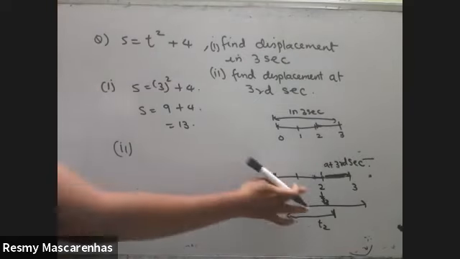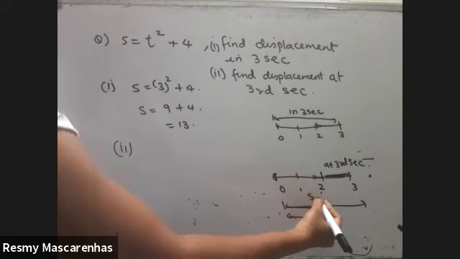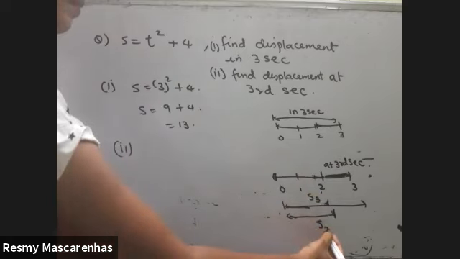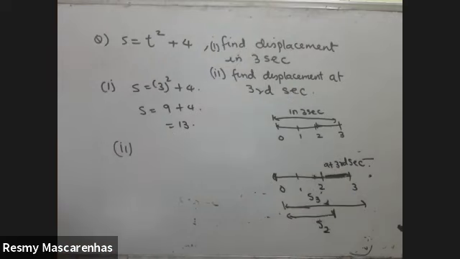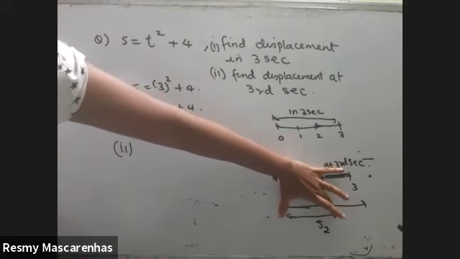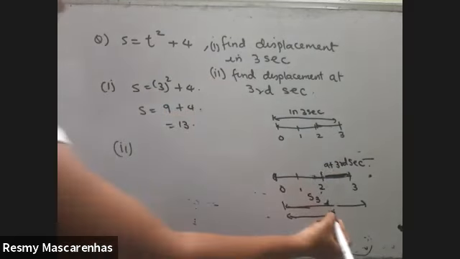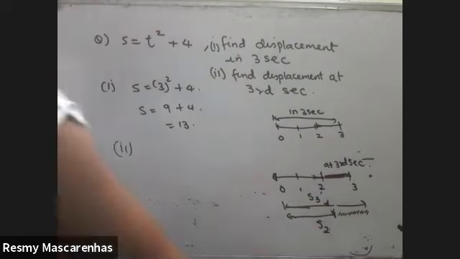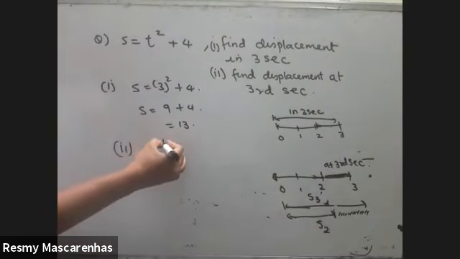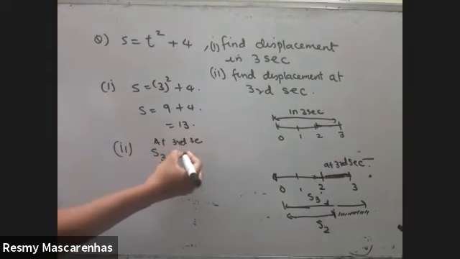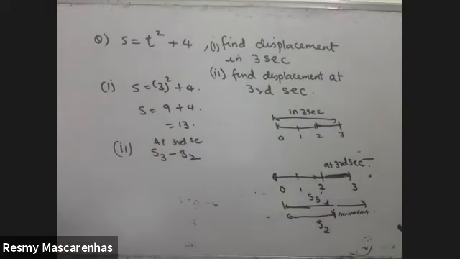Or you can say displacement only I will write, because anyways they asked you to calculate displacement, no? At the third second means how much distance you have covered in all three, minus the second one. So this part you will get. So at third second will be S3 minus S2. So first calculate what is S3.